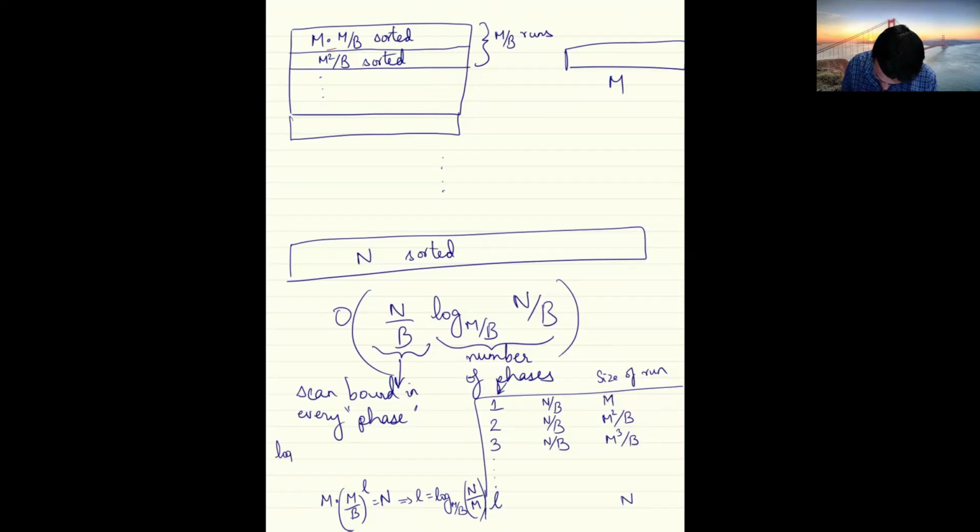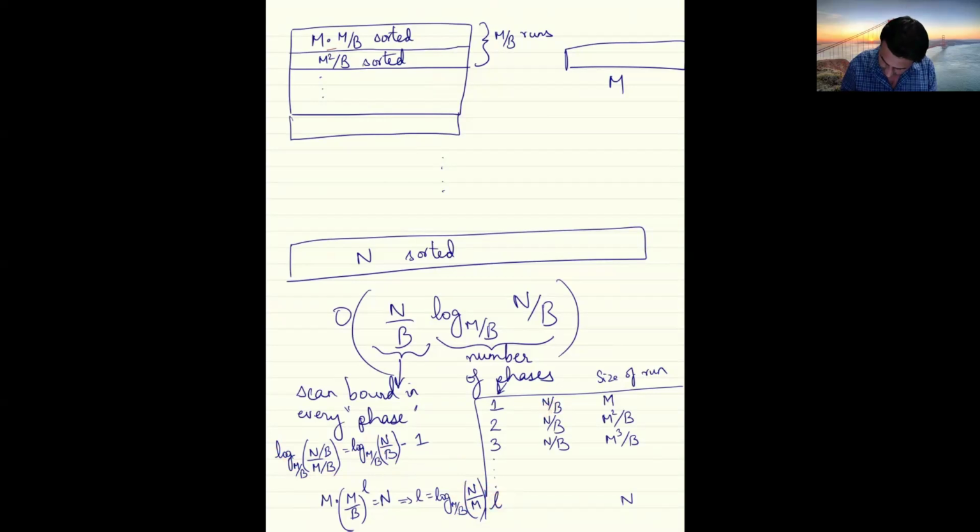Because you can take log base m over b of n over m, and divide by b inside: log of a divided by b is log a minus log b. So you get log base m over b of n over b minus log base m over b of m over b, but that's 1. That's to say this is basically the same as that. So that's our number of levels.